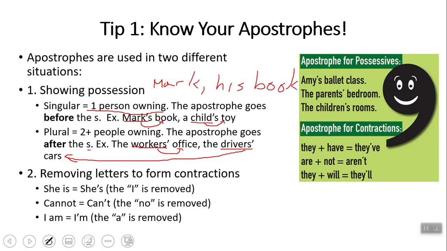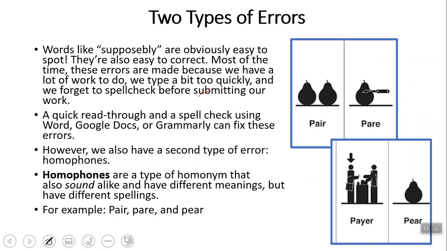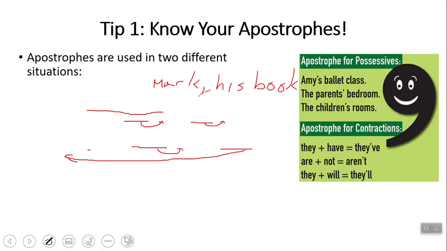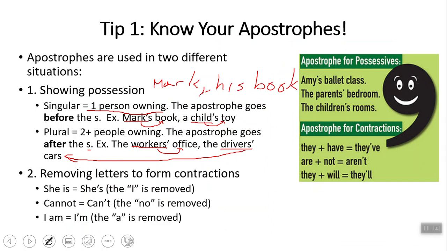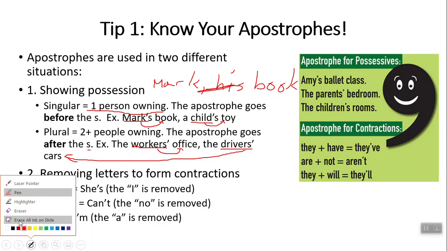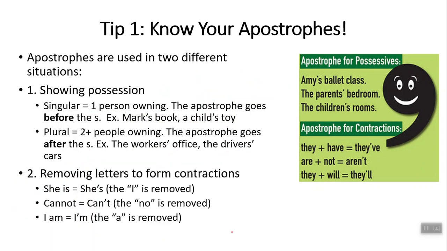Right, so a long time ago, that's kind of how they would write it. And then the apostrophe takes out the H-I, and it becomes Mark's book. To be honest with you, I don't know whether she was correct in that or if she was just sort of making that up to kind of explain things.